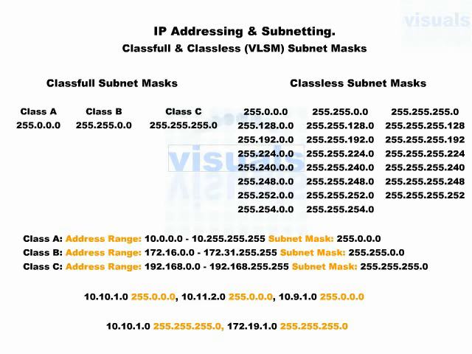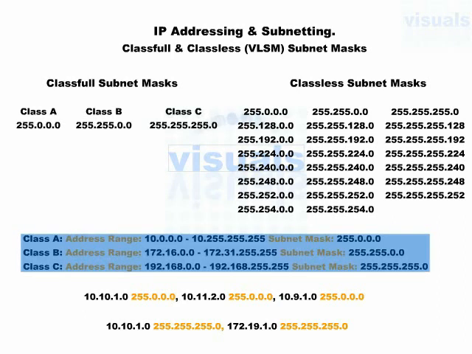We have discussed the private addresses of class A, class B, and class C. These are the default subnet masks for class A, class B, and class C. When these reserved private addresses are used with their default subnet masks, like class A's private address range as a whole with its default subnet mask, class B's private address range as a whole with its default subnet mask, and class C's private address range as a whole with its default subnet mask, these are all considered classful address ranges. It is simple, as you can see.